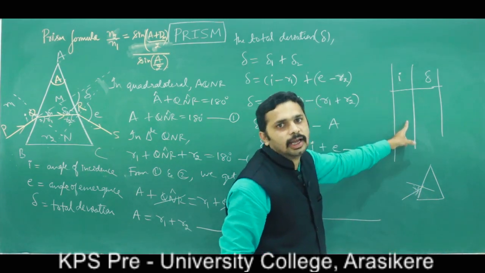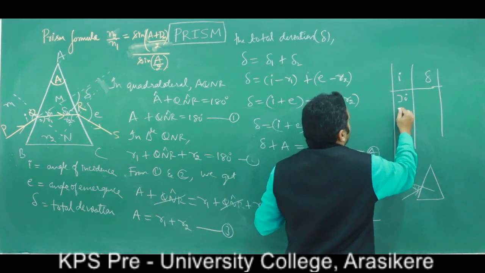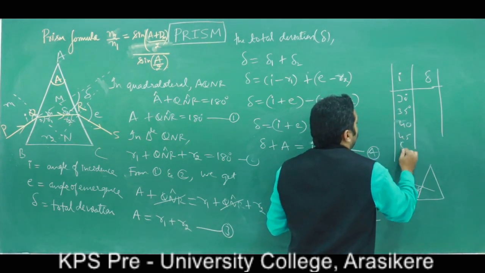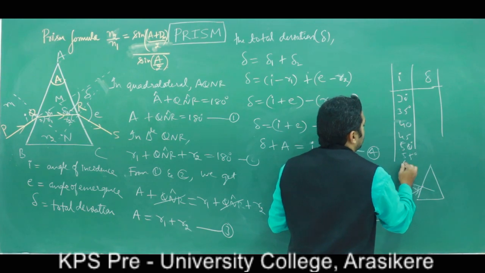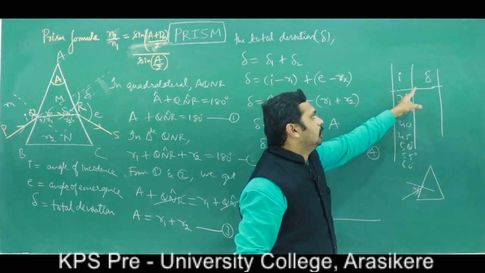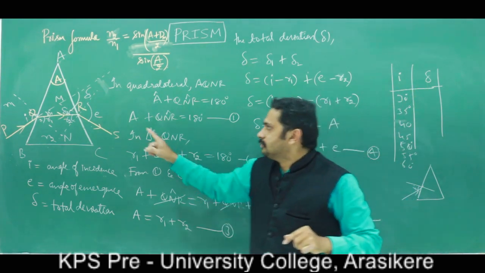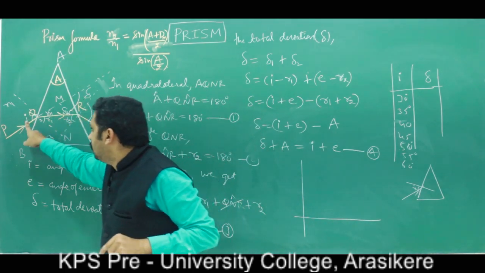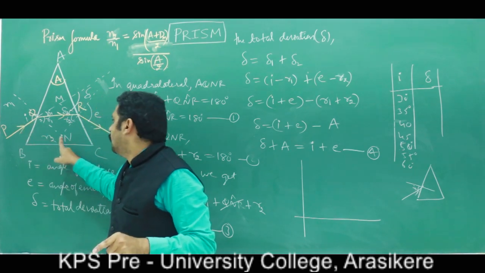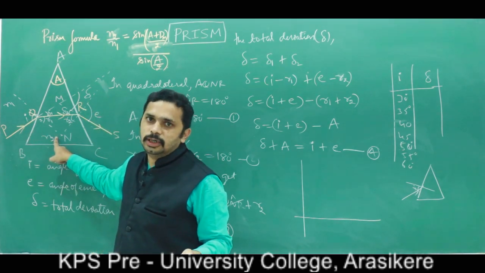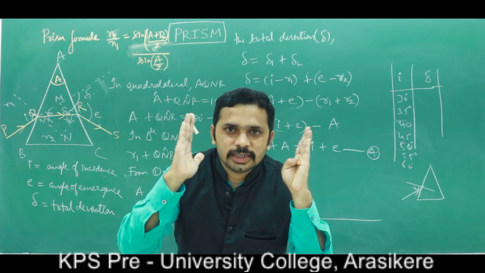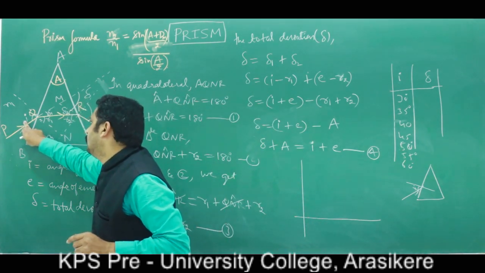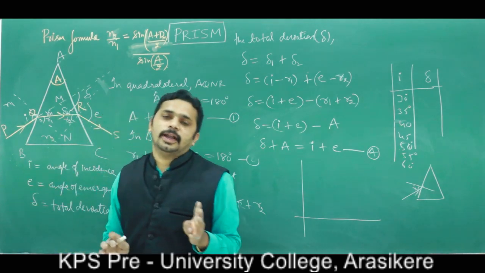You increase the angle of incidence: 30 degree, 35, 40, 45, 50, 55, 60 degree. The total deviation delta depends on the angle of incidence and the refractive index. You got it?